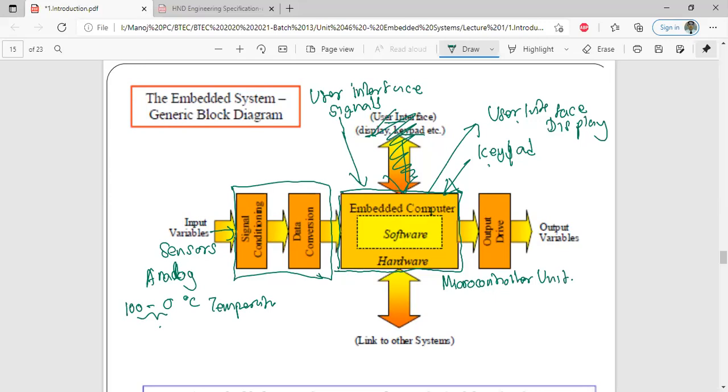And here let's say the humidity can be from 0% to 100% humidity, and this humidity can also take any values between 0 and 100, right?